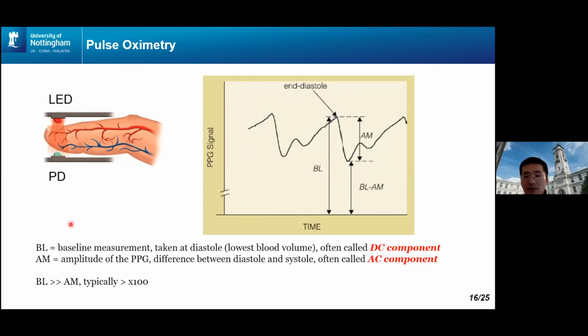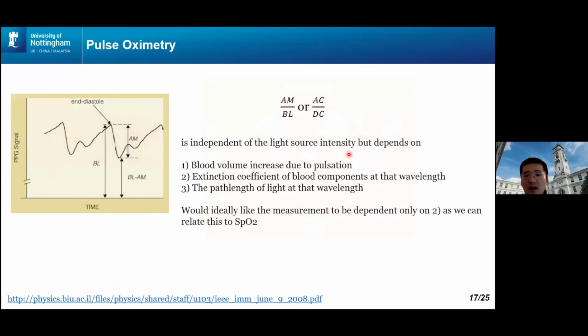Normally the DC is much greater than the AC, normally about 100 times. So in short, the ratio of AC to DC is calculated from the amplitude of the PPG signal and from the baseline, and the value does not depend on the intensity of the emitting light.